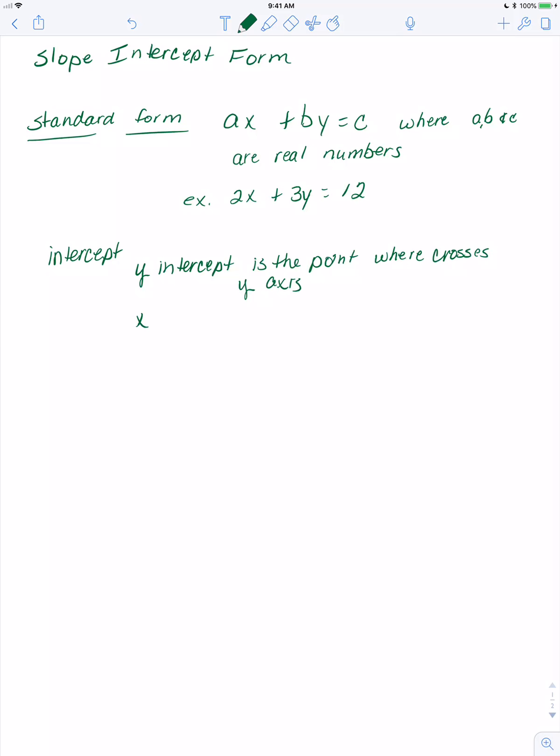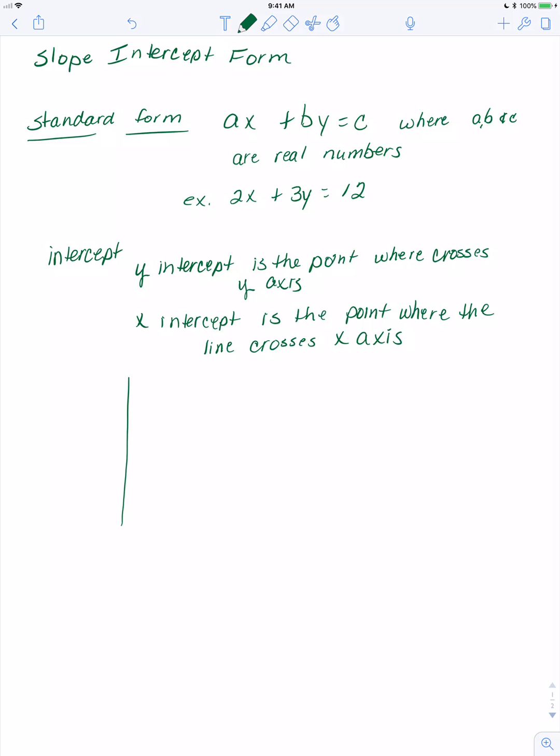And same thing for the x-intercept, where it crosses the x-axis.